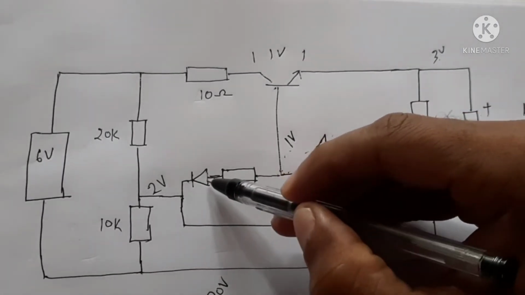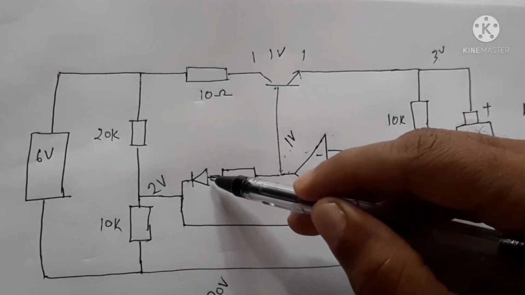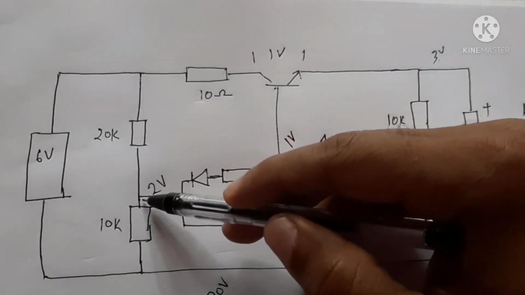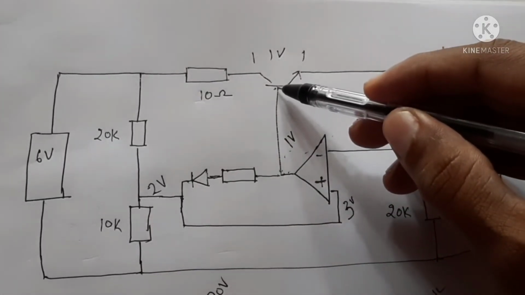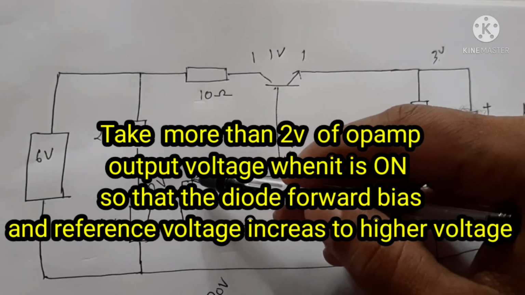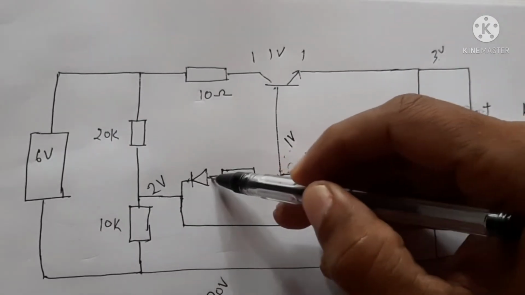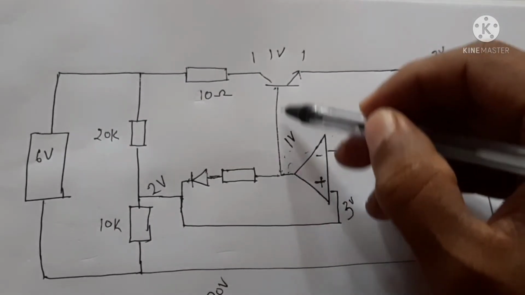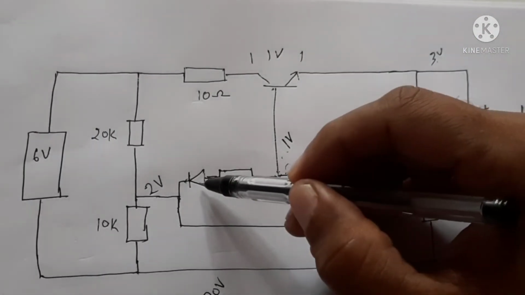Why we put this diode is that if we do not put the diode, this point will be at 2 volt, so the transistor will be on all the time. If we put this diode, when this point is at 0, this diode will be reverse biased and no voltage will come at the base of this transistor. This diode is very important.